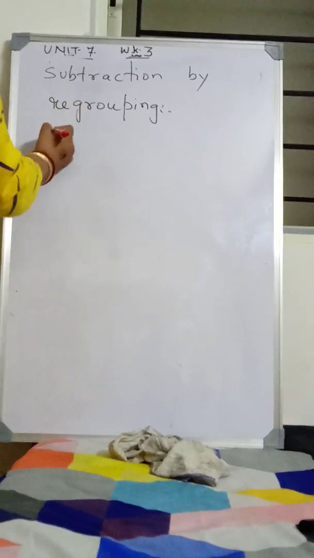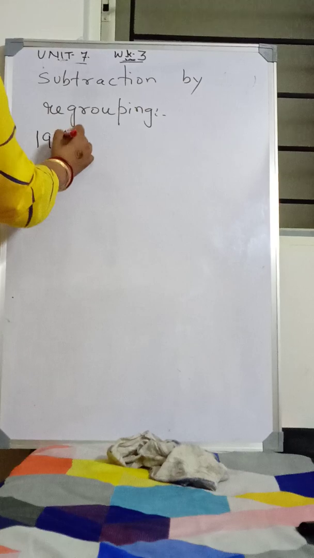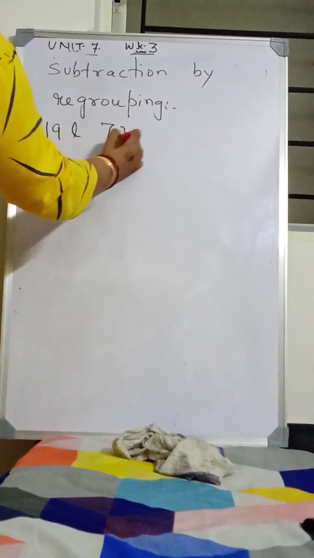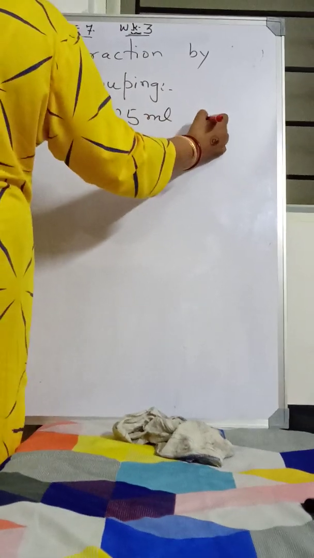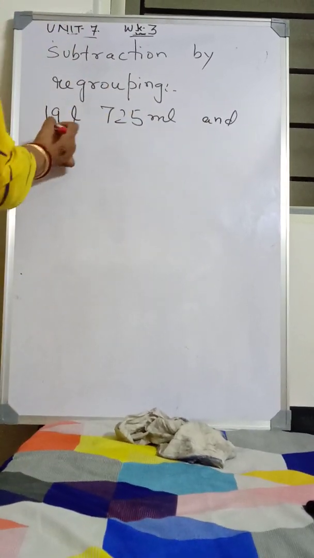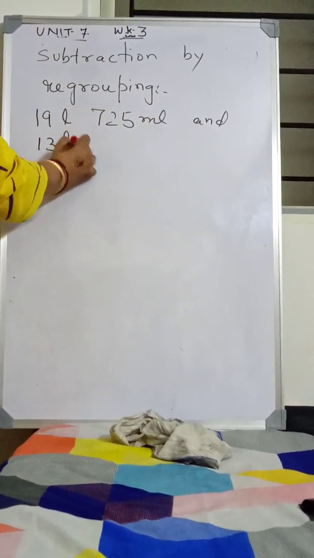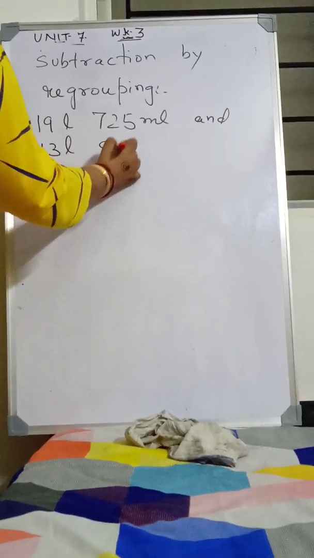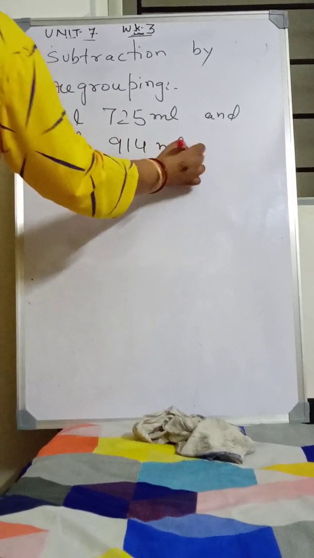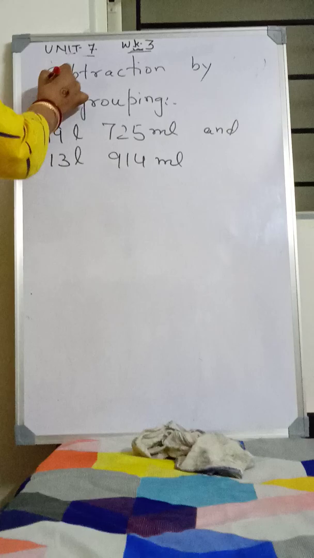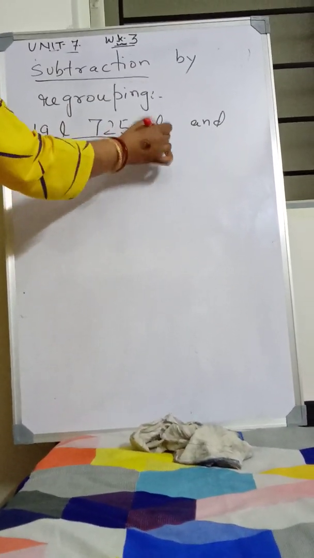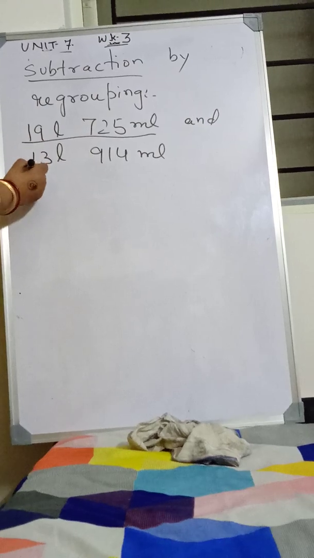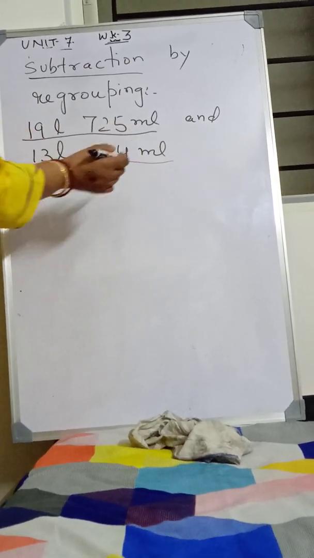Find the difference between 19 liter 725 milliliter and 13 liter 914 milliliter. Now we are doing subtraction. Okay. So there are two units, 19 liter 725 milliliter and 13 liter 914 milliliter.